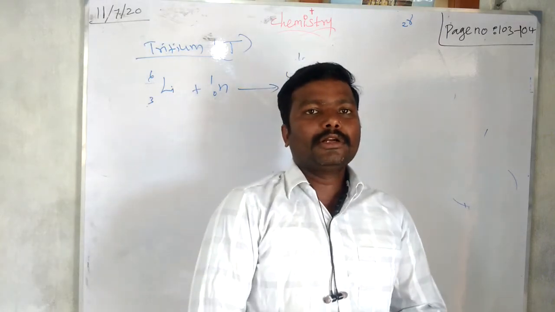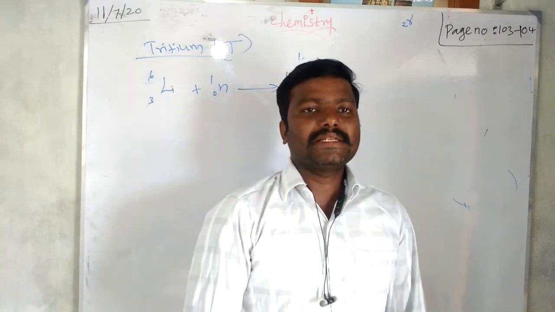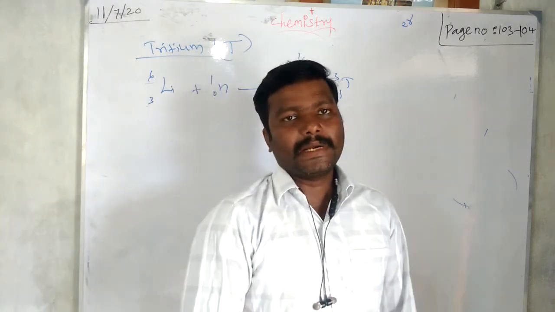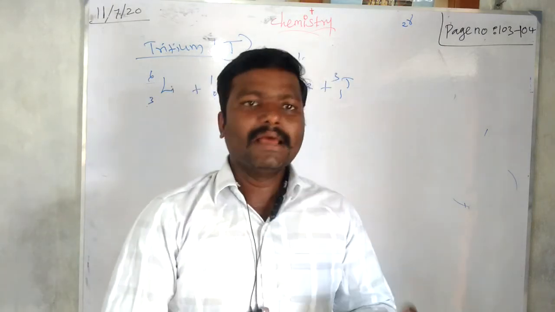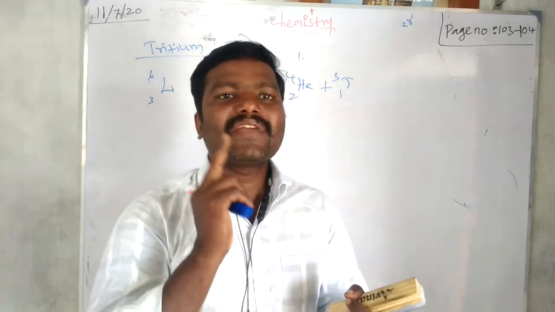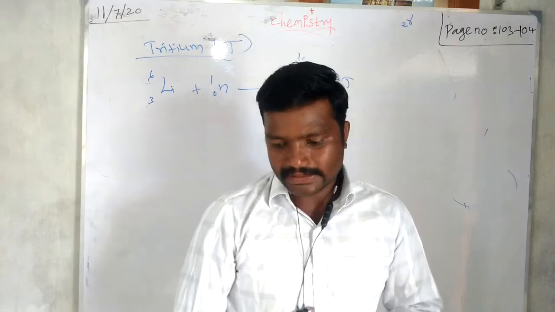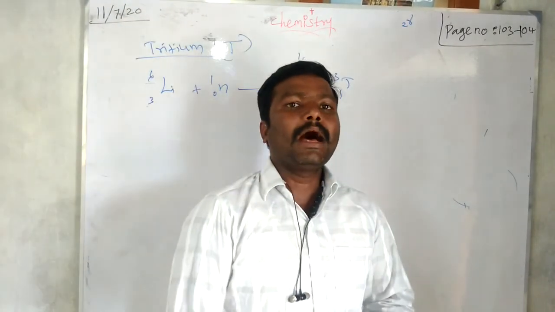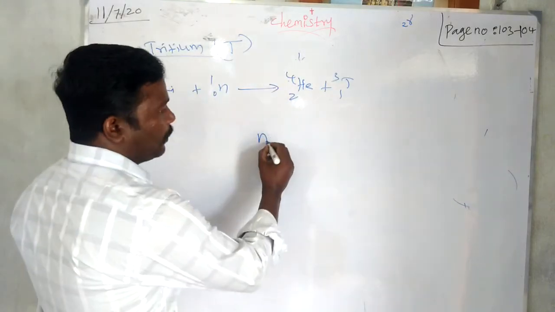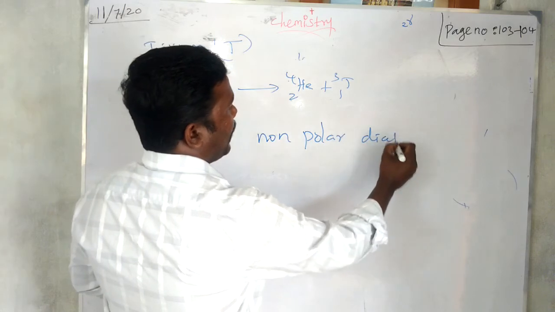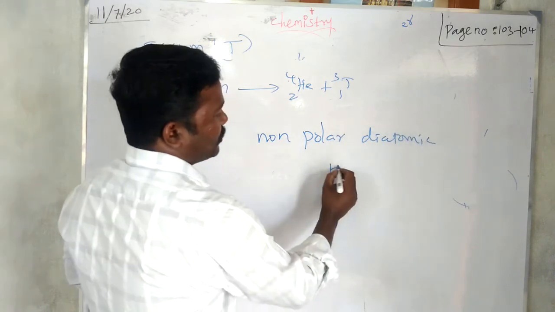Then we are going to learn about the physical properties of hydrogen. What are the physical properties? Hydrogen doesn't have any color, doesn't have any smell, an odorless gas, doesn't have any taste, a tasteless gas, and also it forms a non-polar diatomic molecule, H2.